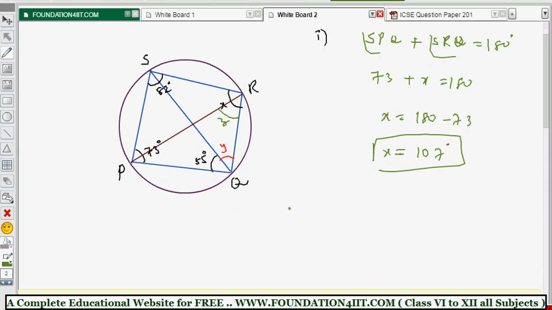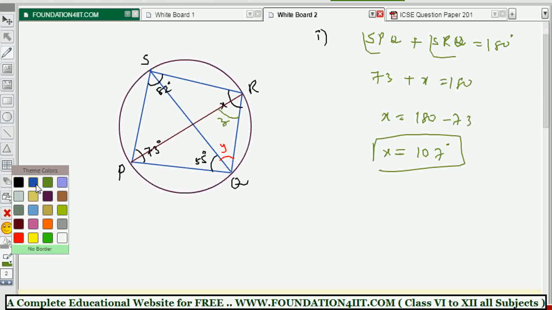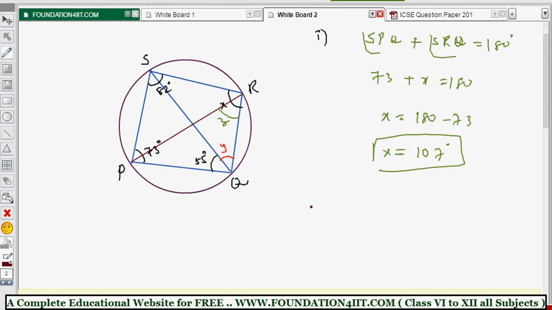Okay, so now we'll take what is required and start the problem. Let me take this angle first, that means PSQ. From triangle PSQ, the total is 180, so angle PSQ is equal to 180 minus the sum of these two, that is 73 plus 55.